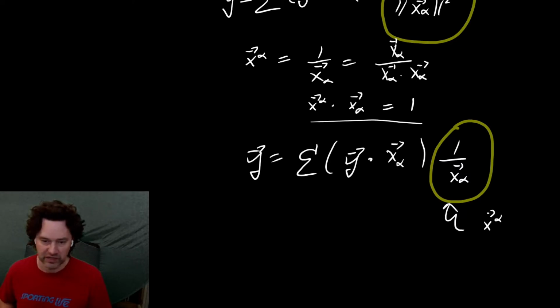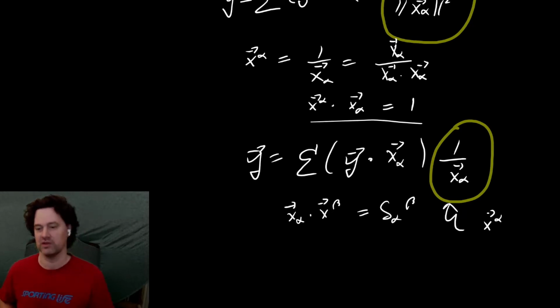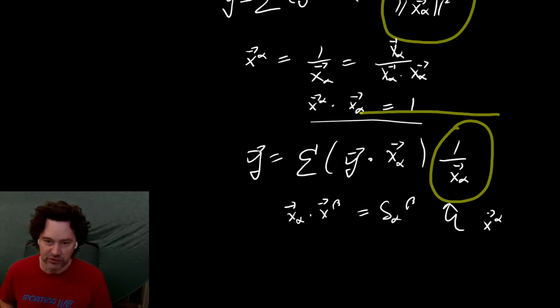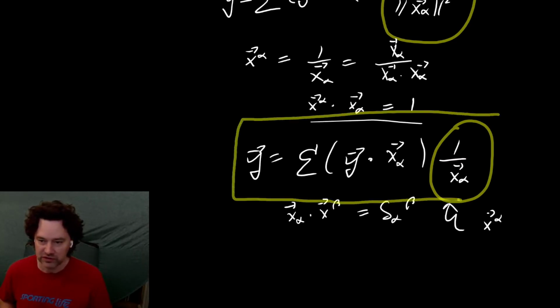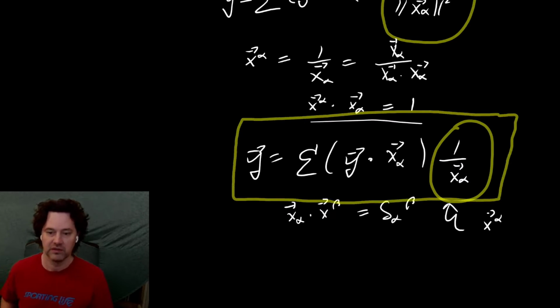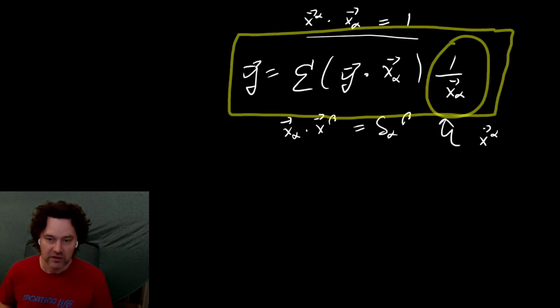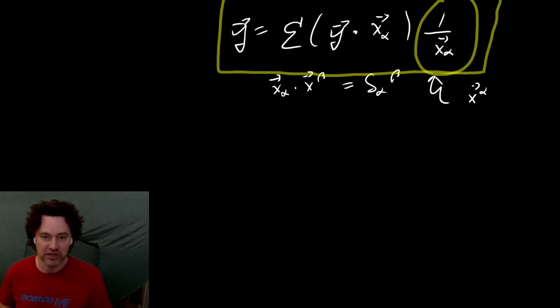And then we have x upper alpha dotted with x lower beta equals delta alpha beta for all alpha and beta over the parameters. So this tells us how we compute coordinates with respect to an orthogonal frame. And in fact, it happens to be how to compute coordinates with respect to any frame.